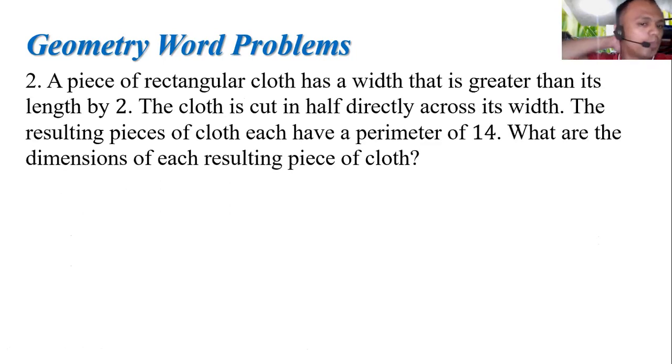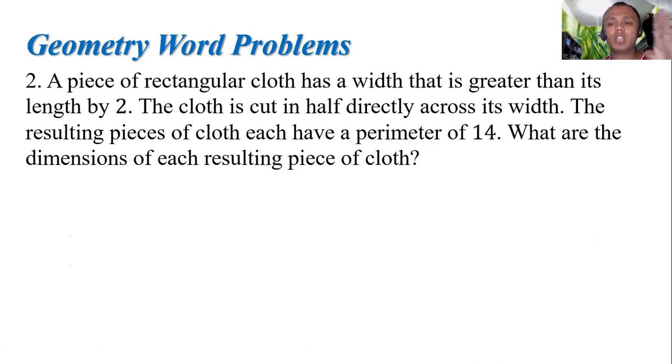Next, here, a piece of rectangular cloth has width that is greater than its length by 2. The cloth is cut in half directly across its width. The resulting pieces of cloth each have a perimeter of 14. What are the dimensions of each resulting piece of cloth? Okay, so sa piece of rectangular cloth daw, has a width.